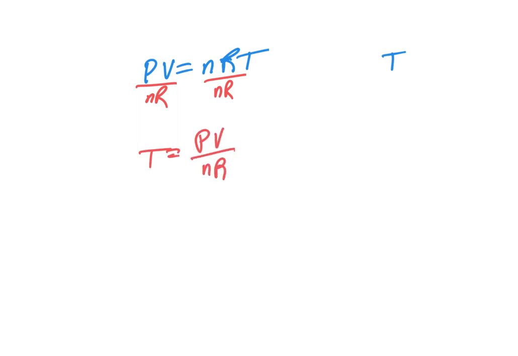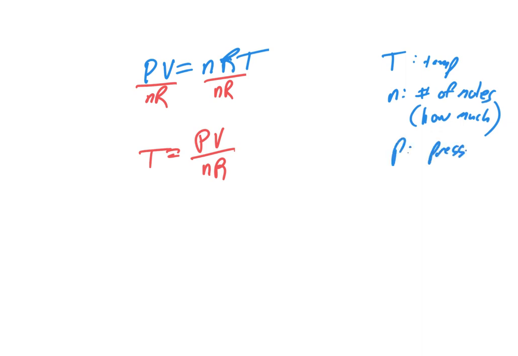And then I would tell you, of course, remember T stands for temperature, n stands for number of moles, or essentially how much there is of whatever substance you have. P is pressure. R is a constant. Every substance has its own temperature, volume, pressure constant. Oh, V is volume.